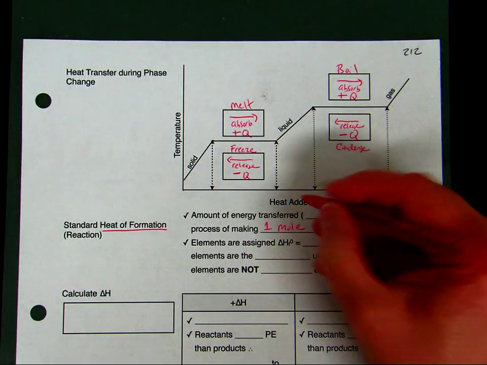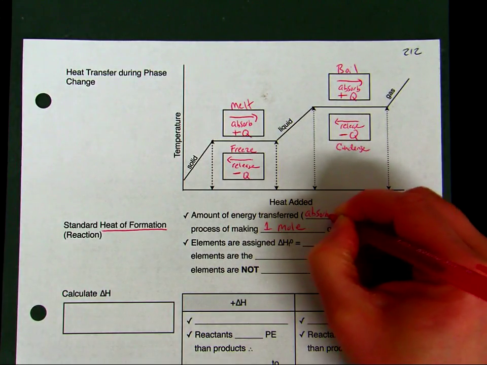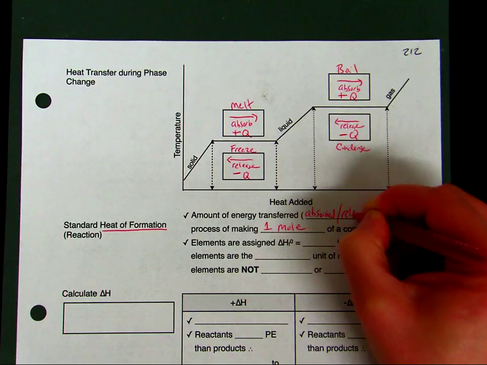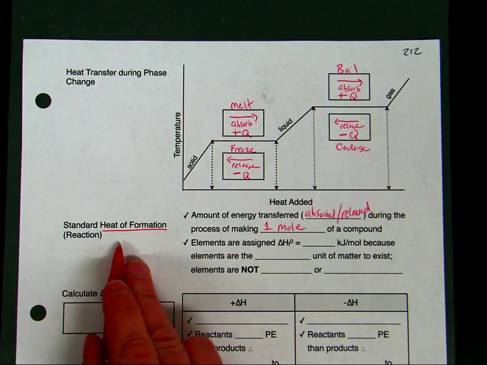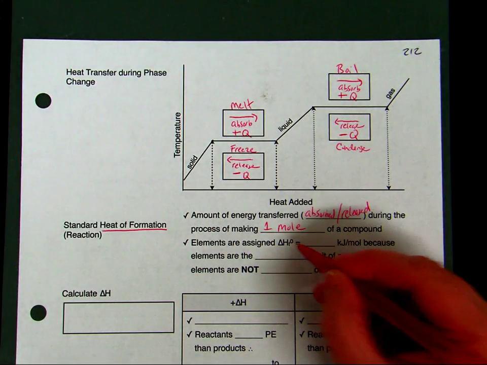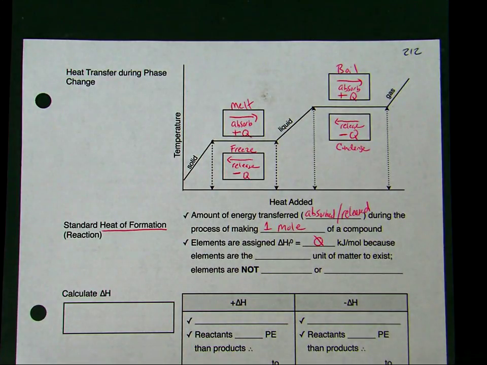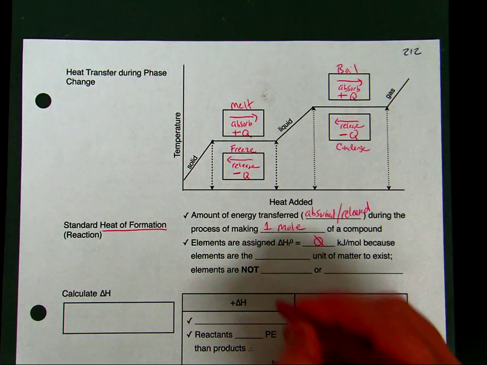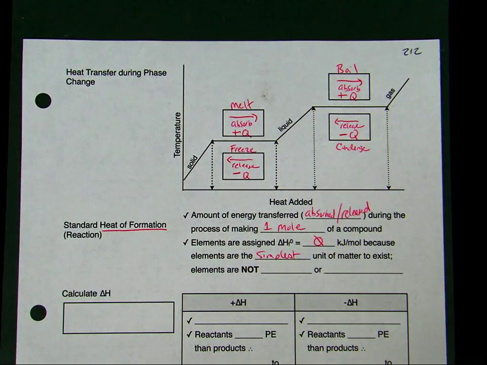And the energy transferred, depending on the compound, it could be absorbed or it could be released. Okay? So heats of formation are for making a compound, where elements are assigned a heat of formation value of 0 kilojoules per mole, because elements are our simplest unit of matter to exist.